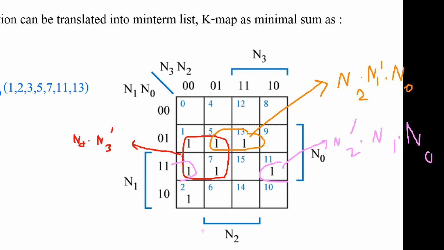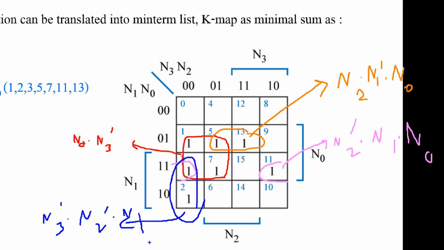And the last one. How about this? 3 and 2. Then it becomes N3 prime, N2 prime, and N1.